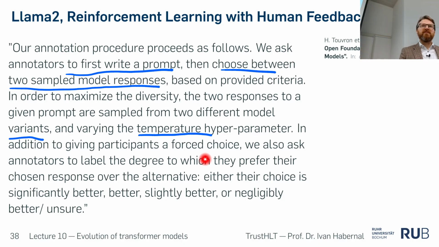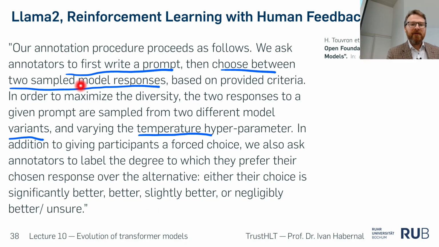So the higher the temperature, the more creative, the more random, the more uniform the distribution is. We had this in the exercise before Christmas. So the more variance, and there's this nucleus sampling, top-p sampling, and things like that.